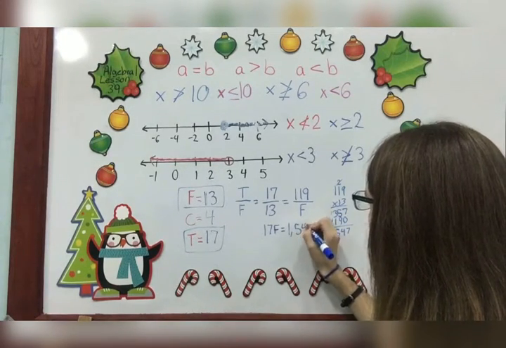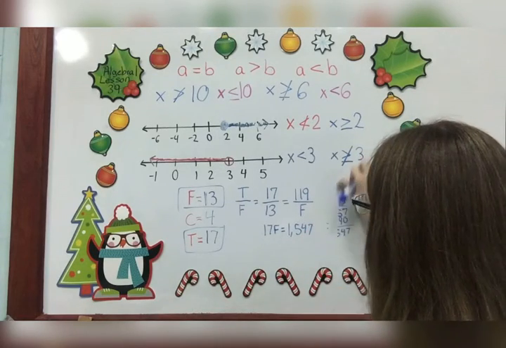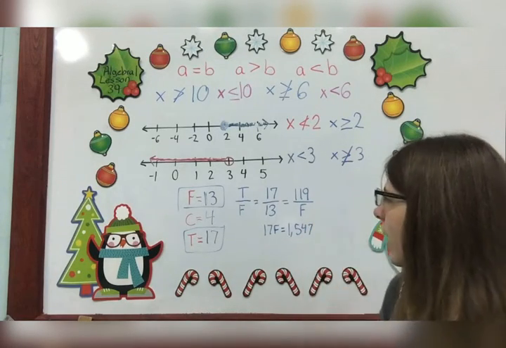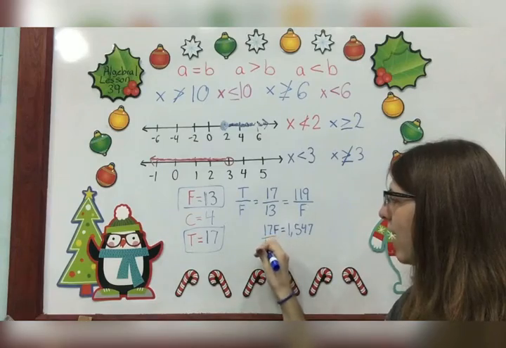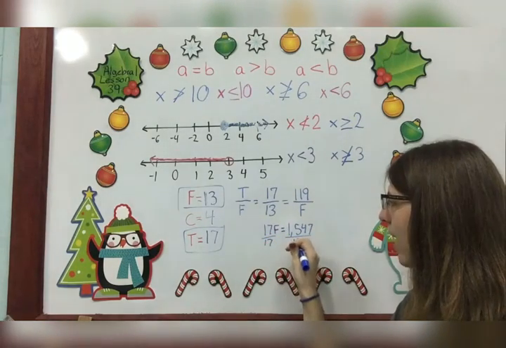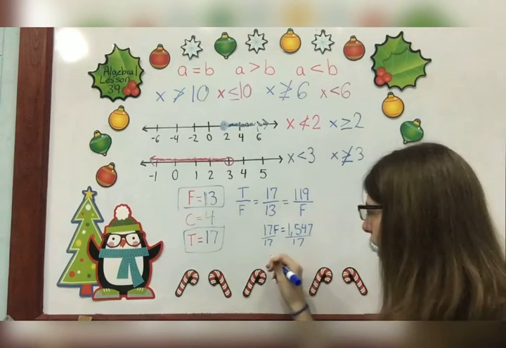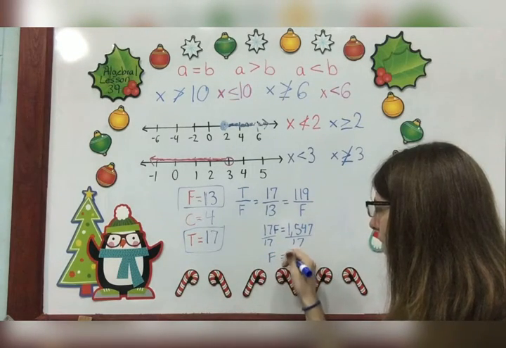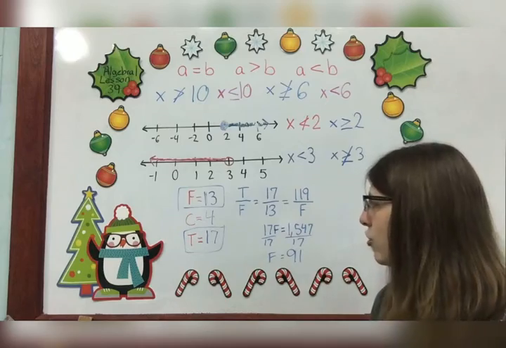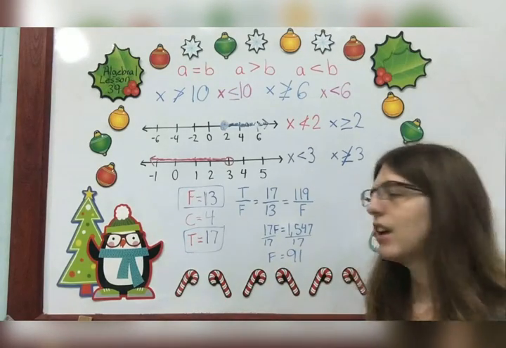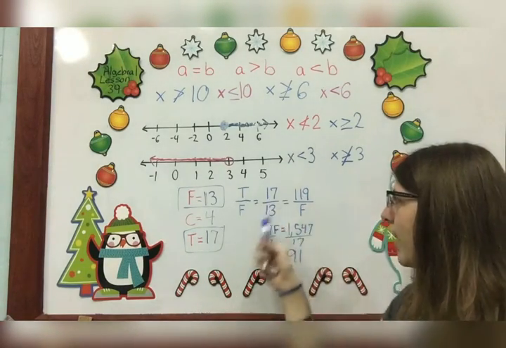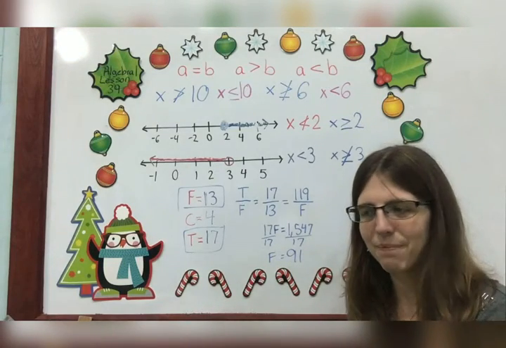Okay, 1,547. All right. Then to get f by itself, I divide both sides by 17. And that gives me a total of 91 fish. Okay? Solve by putting 91 in place of f and cross multiply again.